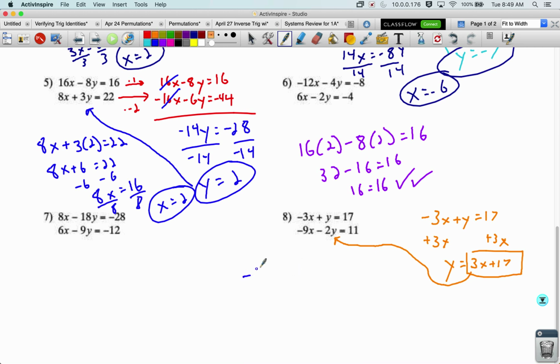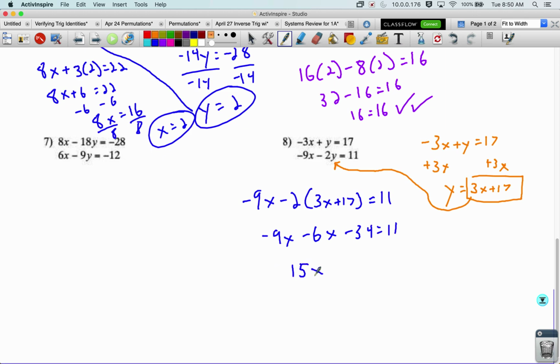We're going to use a set of parentheses when we do the substitution here. So negative 2 times parentheses 3x plus 17 equals 11. Negative 9x minus 6x. 17 times 2 is negative 34, so minus 34 equals 11.